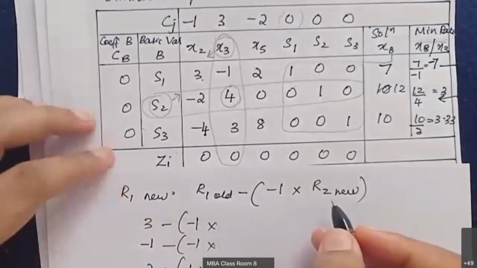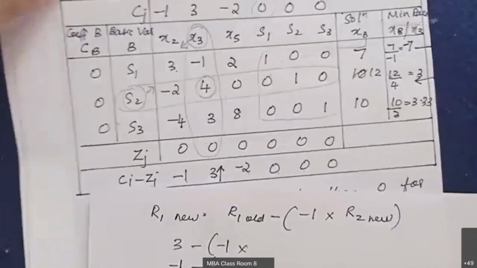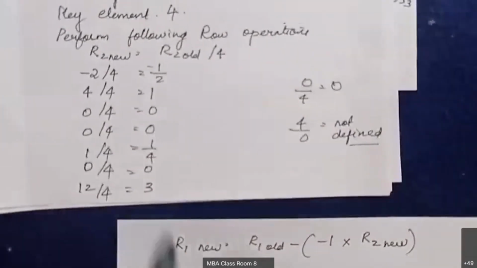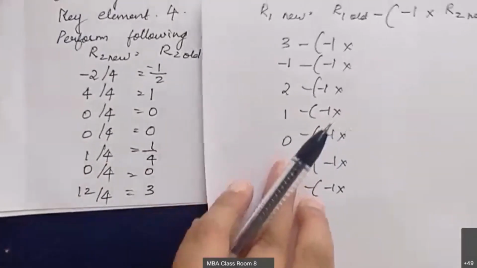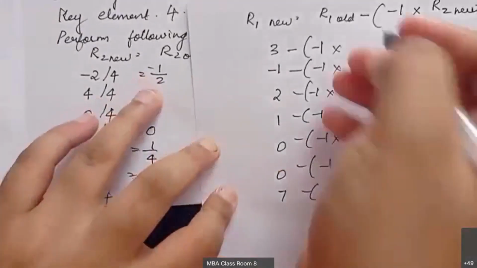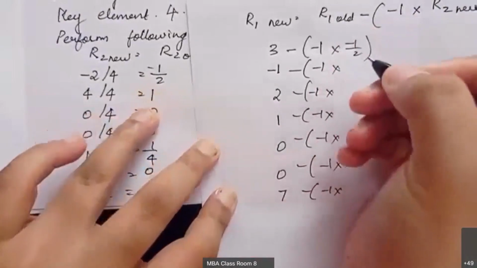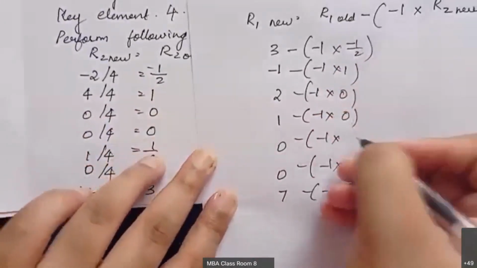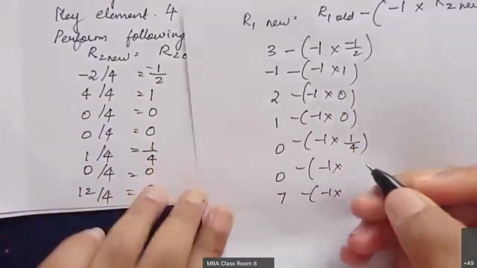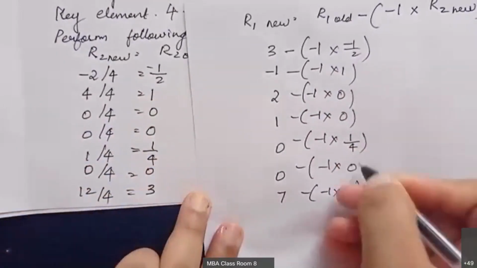Now R2 new, we already have those values, right? See, these are the R2 new values: minus 1 by 2, 1, 0, 0, 1 by 4, 0 and 3.